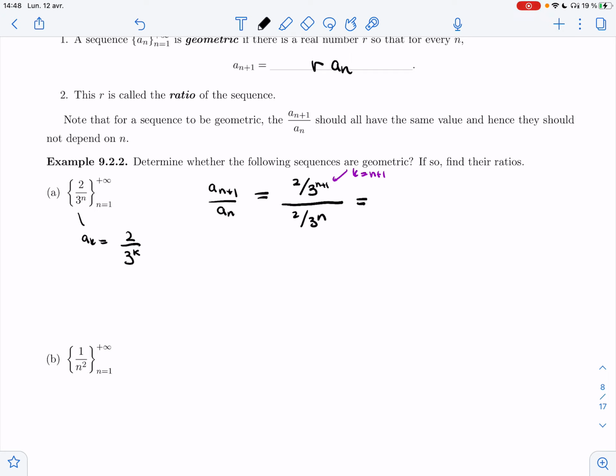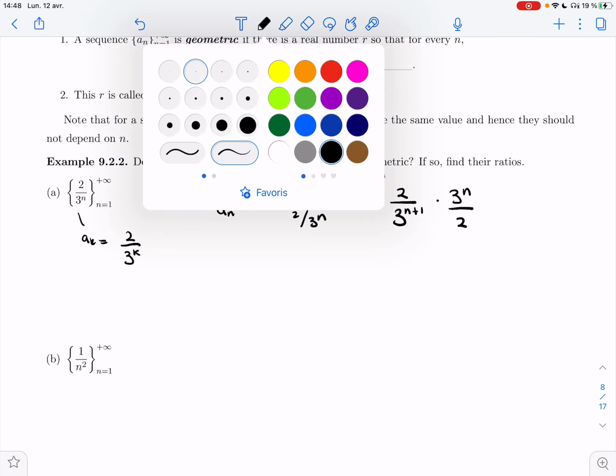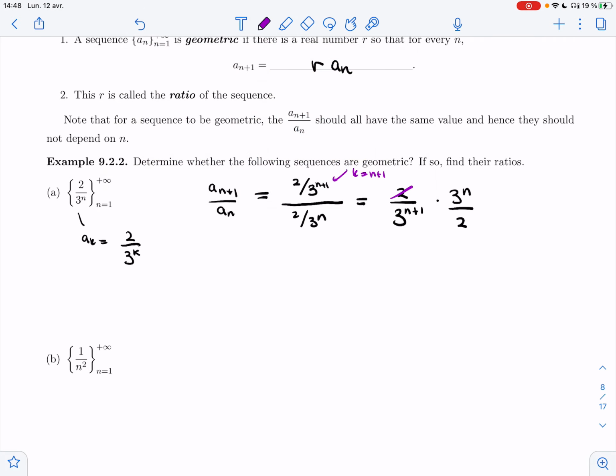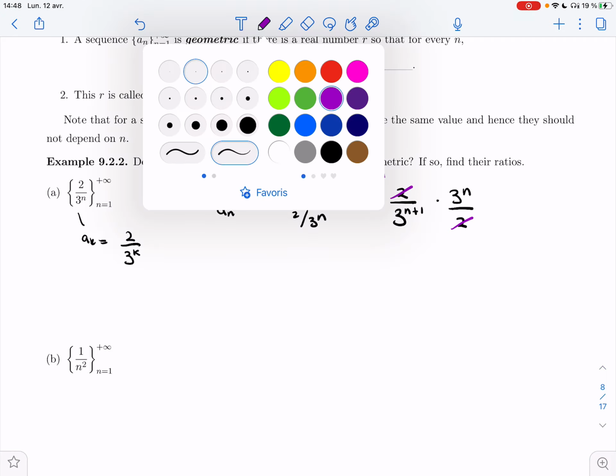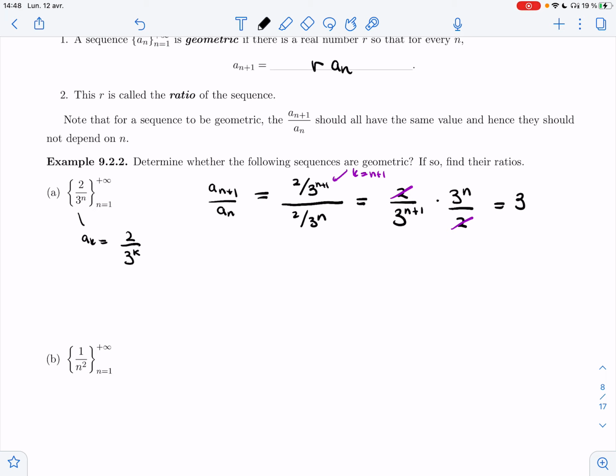All right, so now I need to simplify this. I'm going to leave the numerator, and if I have a fraction in the denominator, I'm going to flip it. So here I'm going to get 3 to the n over 2. The 2's get canceled. The 3's cancel as well. If you want to remember what the rule is, you take the power of the top minus the power of the denominator, and so I get 3 to the minus 1.